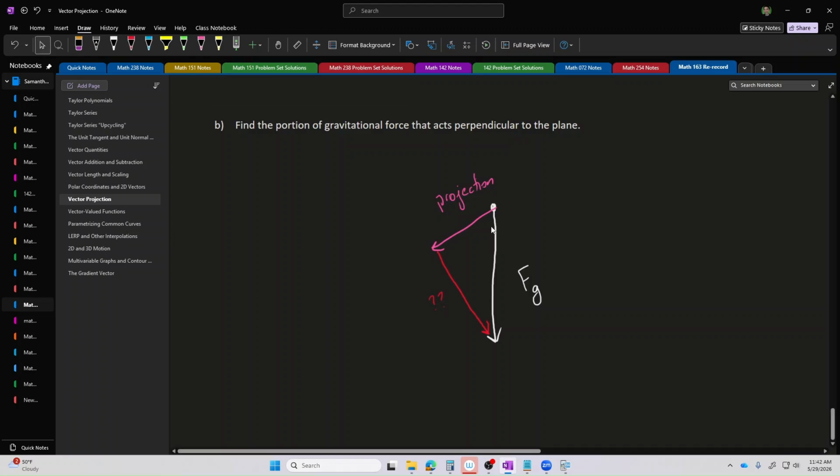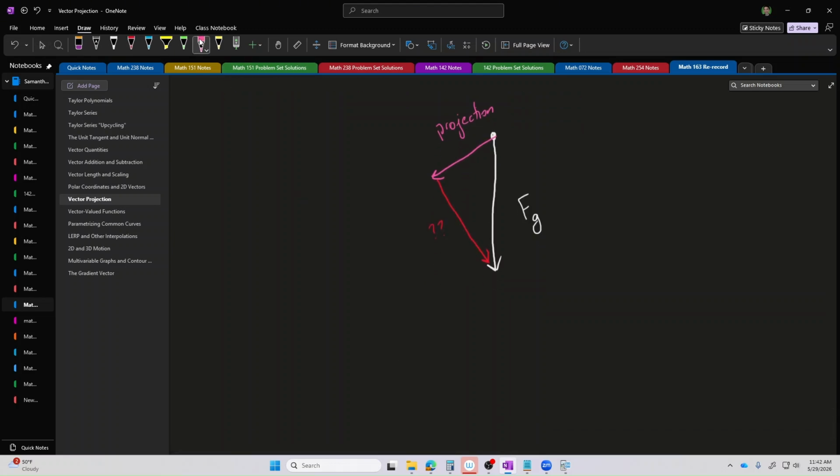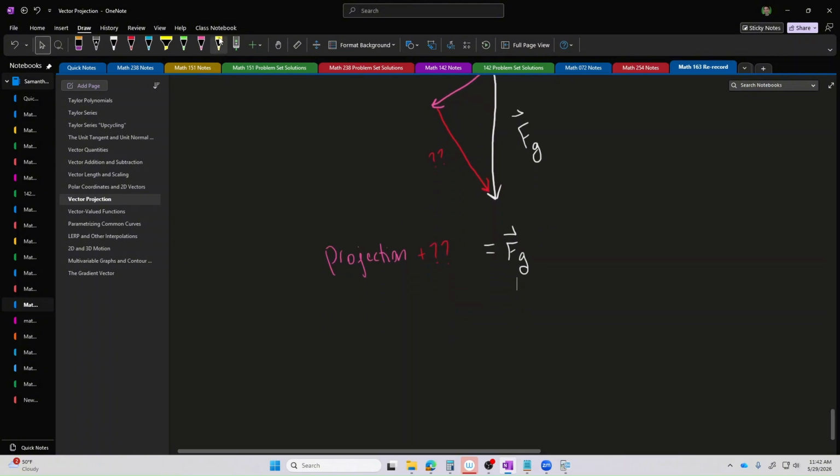Now, by triangle rule, the projection and the unknown vector in the corner, if you add them together, the total is equal to f sub g. So the vector that I'm trying to find, the perpendicular portion, is just equal to f sub g with the projection removed.